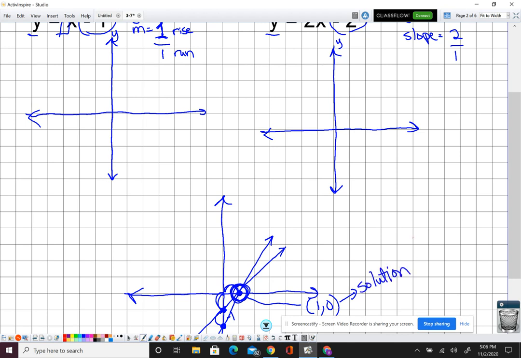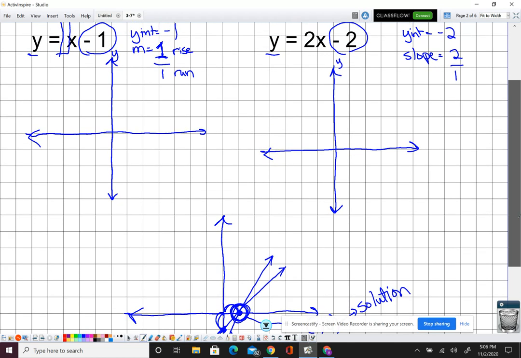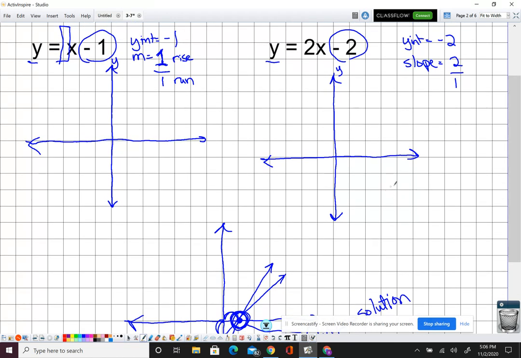We can check our solution by going back up to these equations and plugging it in. (1, 0) was our solution, so 1 is the x and 0 is the y. In the second equation, 0 equals 2 times 1 minus 2. 2 times 1 is 2, and 2 minus 2 is 0. So 0 equals 0, and it works for the second equation.